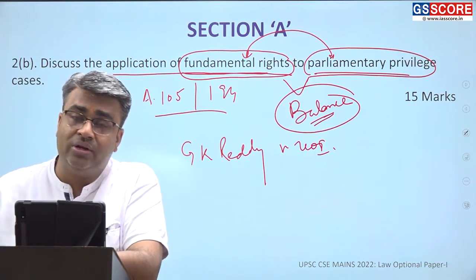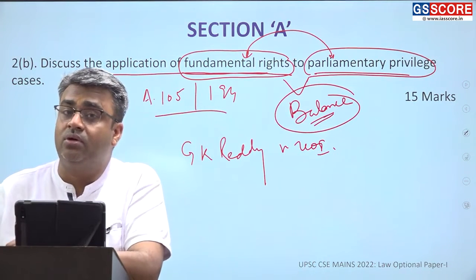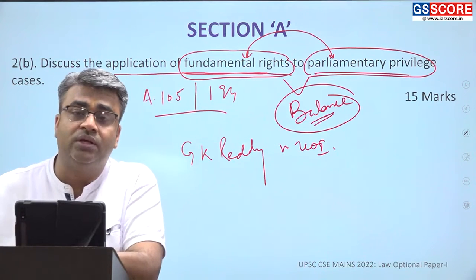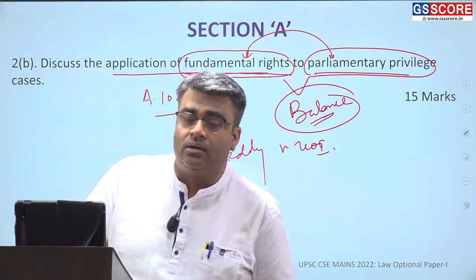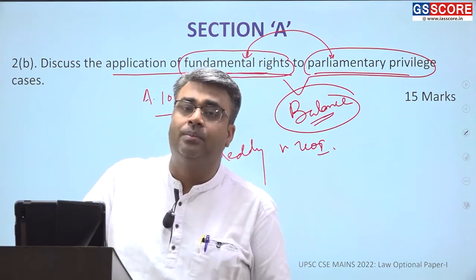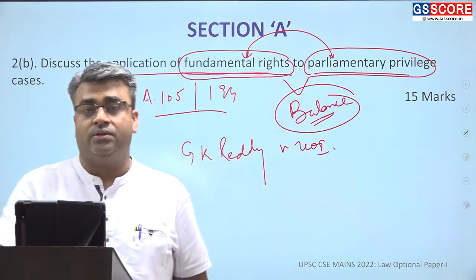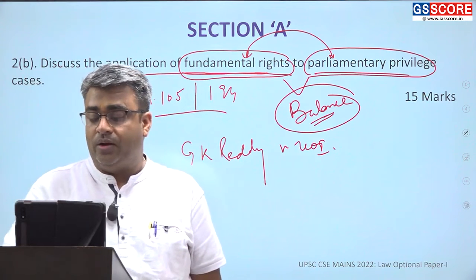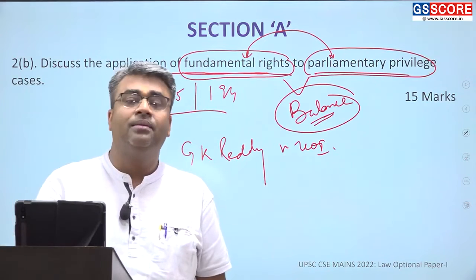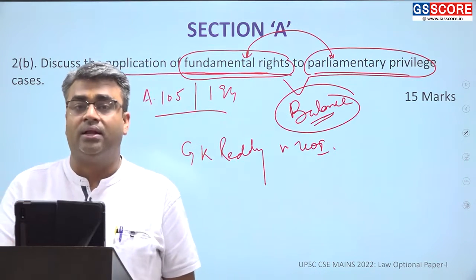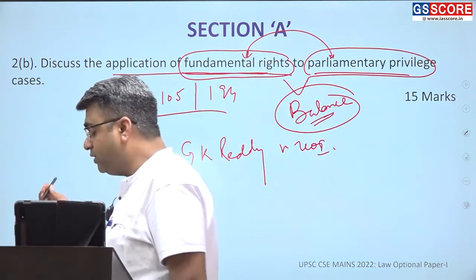This question has come up this time because in the recent past, we have seen a number of persons summoned by the state legislative assemblies or by the parliament as well. Many a time we have seen this. You can also refer to whether parliamentary privileges are supreme or the fundamental rights. So this kind of decision or conclusion you can mention over here.